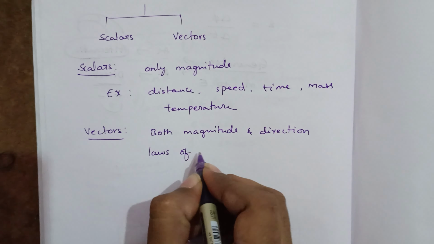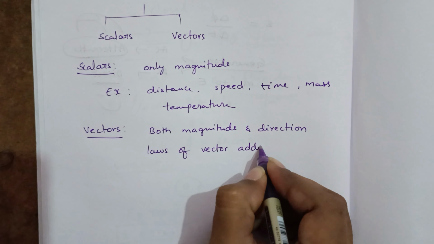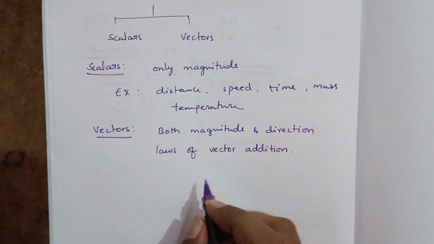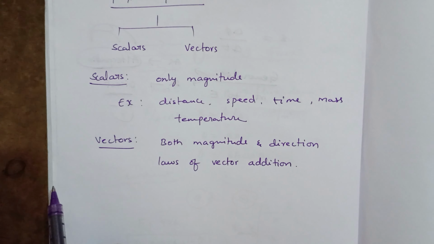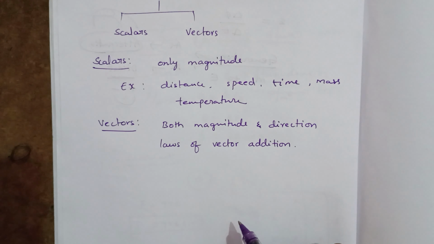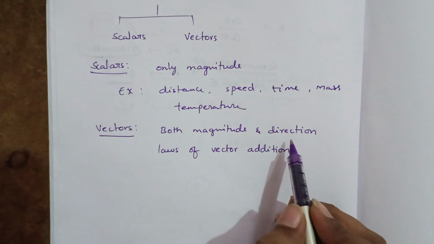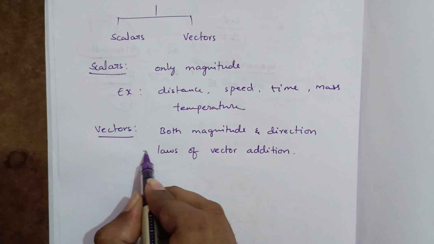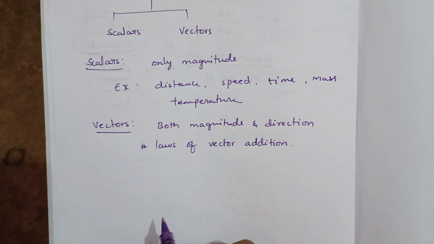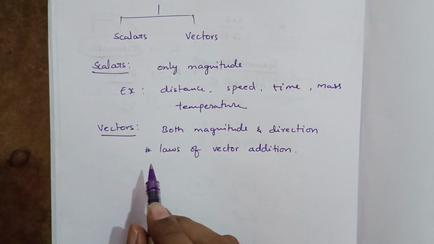Vectors should not be added like scalars. They have some rules that we will come to know in the next classes. They should have both magnitude and direction, and should obey laws of vector addition. Then those quantities are known as vectors.